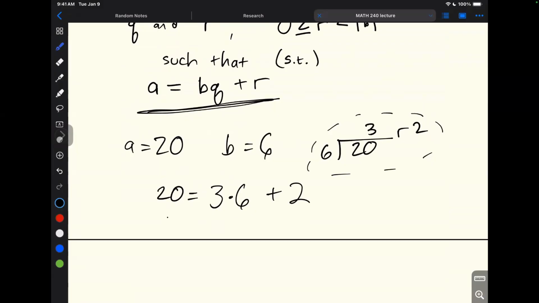So this is our A, this is our B, this is our Q, this is our R.